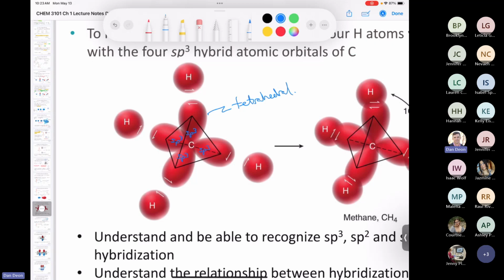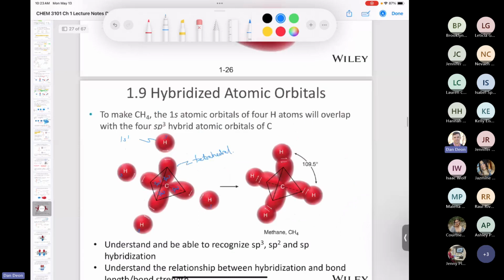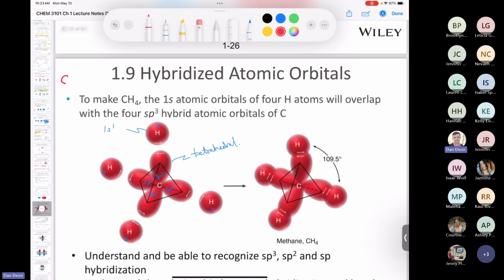Now hydrogen doesn't hybridize. It's just 1s1. So this is an s orbital, this is an s, this is an s, this is an s. If you remember earlier, I said one of the ways you can make a sigma bond is when an s orbital overlaps with the head of a p orbital. And that's what's being shown here, here, here, and here. And so those are 4 sigma bonds.